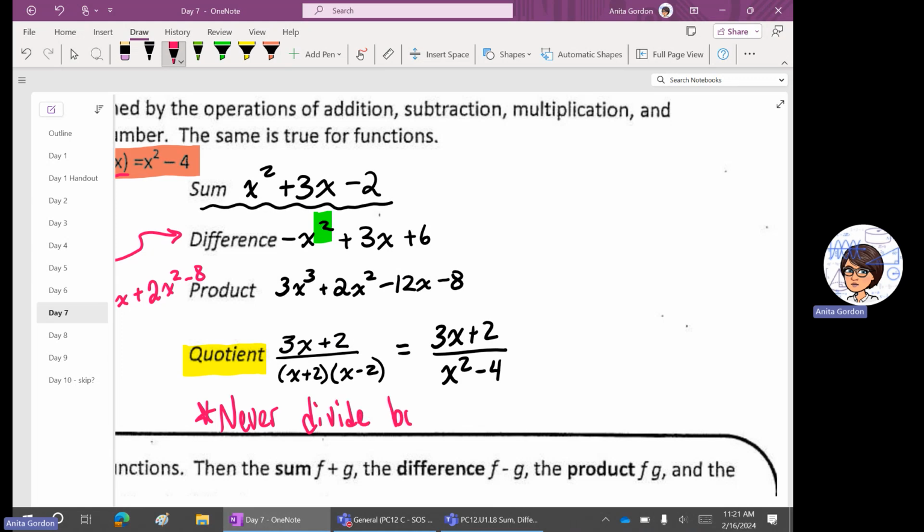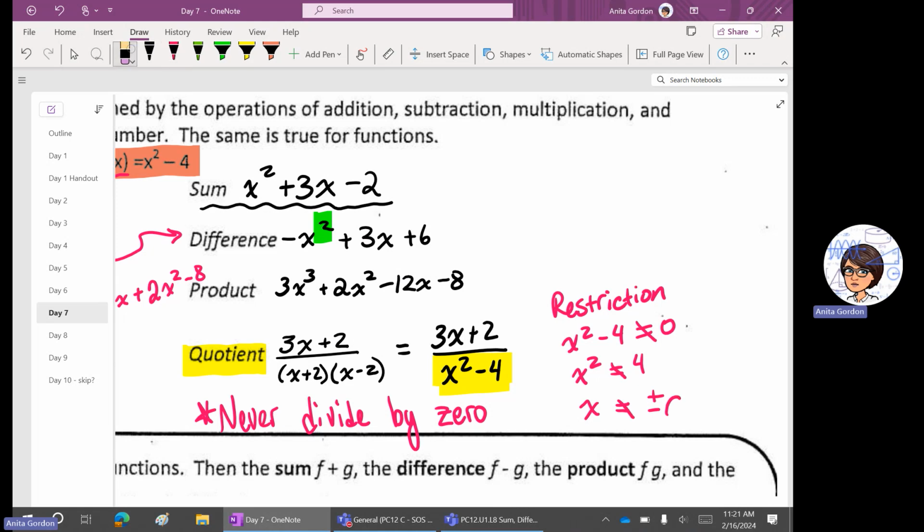So when we have a division, we always have to check the denominator and have the restriction that the denominator cannot be 0. So that means x squared minus 4 cannot equal 0, which means x squared cannot be 4, which means x cannot be positive or negative 2.